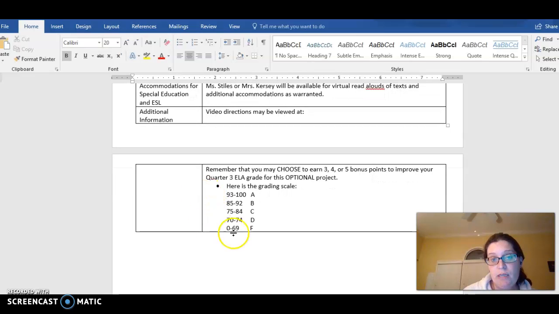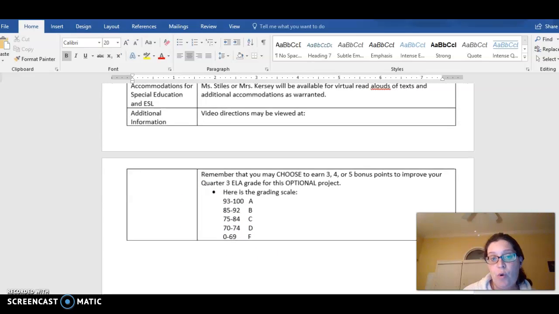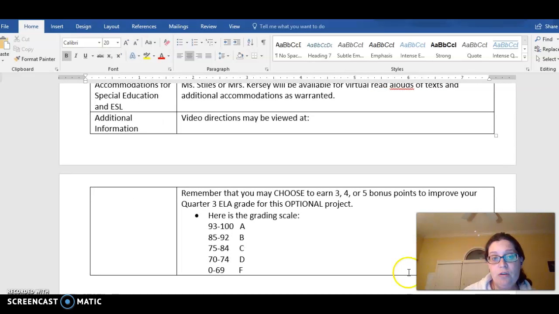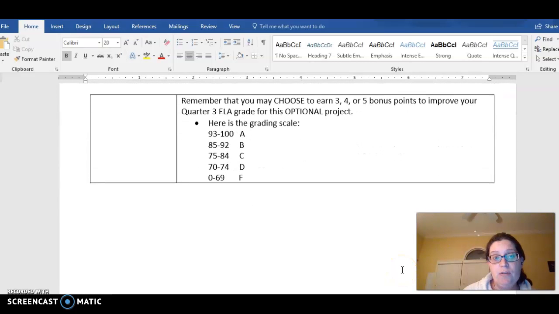I want to show you this grading scale right here. This grading scale is going to show you what you can earn to get a grade level. By the time that you get this information, you will have received what your grade was for Q3 in your ELA classes.